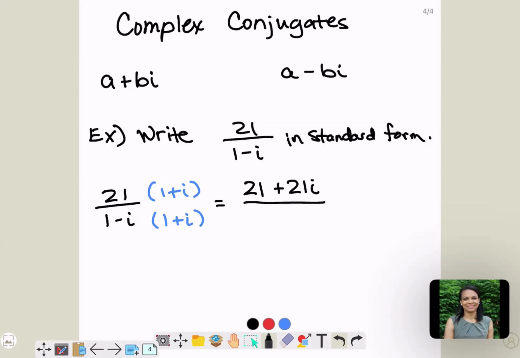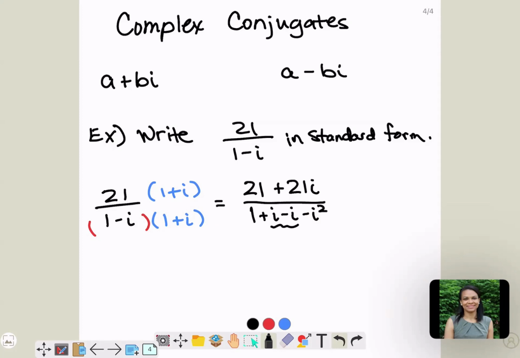And in the bottom, FOILing that together, I'm supposed to do it all the way out. But we're going to end up with 1 times 1, 1 times positive i, 1 times negative i, and then negative i times positive i. So you should end up with this. And the middle terms should cancel each other, one's positive, one's negative.